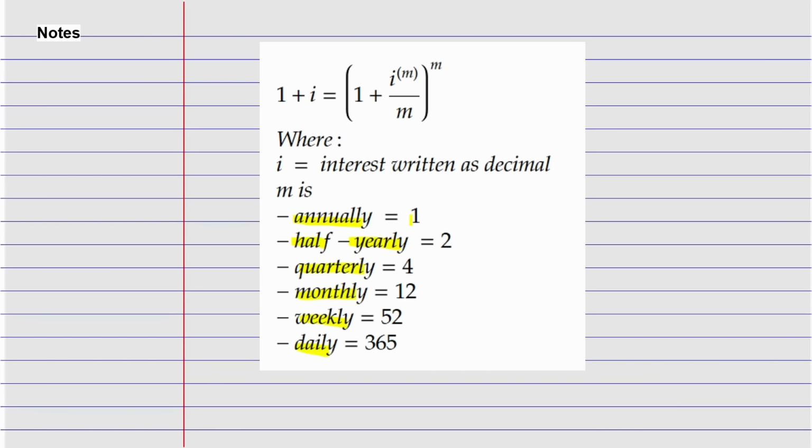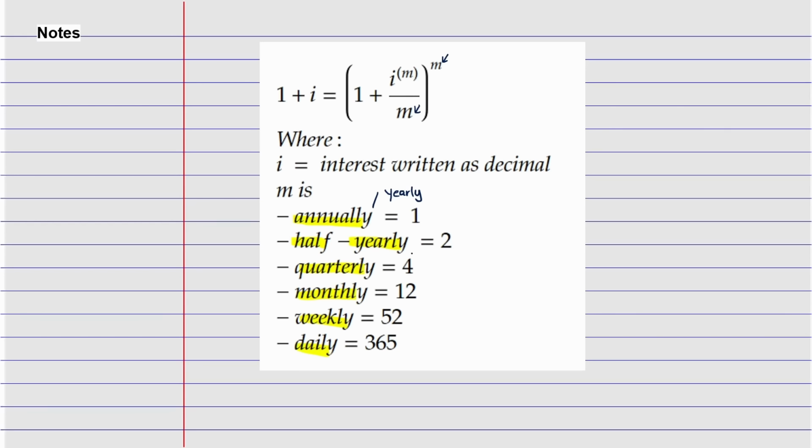right? So with that said, if they say compounded annually, or yearly, and let me just write the yearly here, it means that from your formula, you need to divide by 1 and also the whole thing needs to be to the power of 1, right?